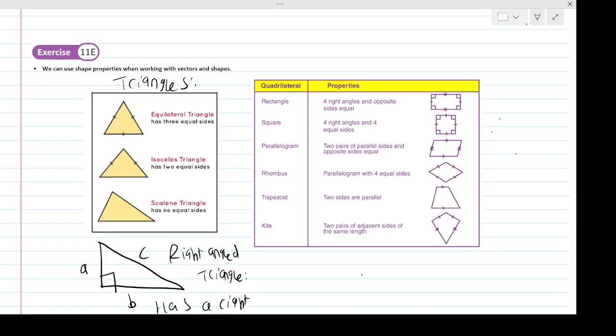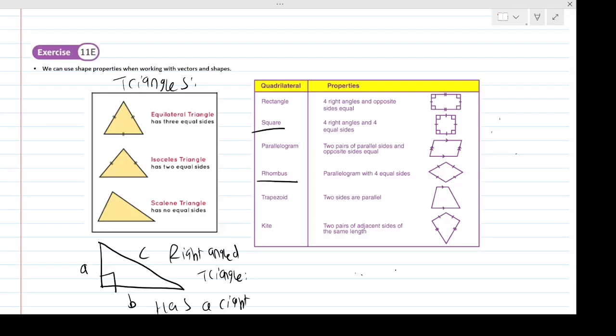Then we have something called a rhombus, which doesn't really come up even at GCSE. So I imagine a good few people will be like, I don't remember this. That's fair enough. We cover it here. A rhombus is actually a parallelogram, but all the sides are equal. A square also has all sides the same, but a rhombus doesn't have to be right-angled.